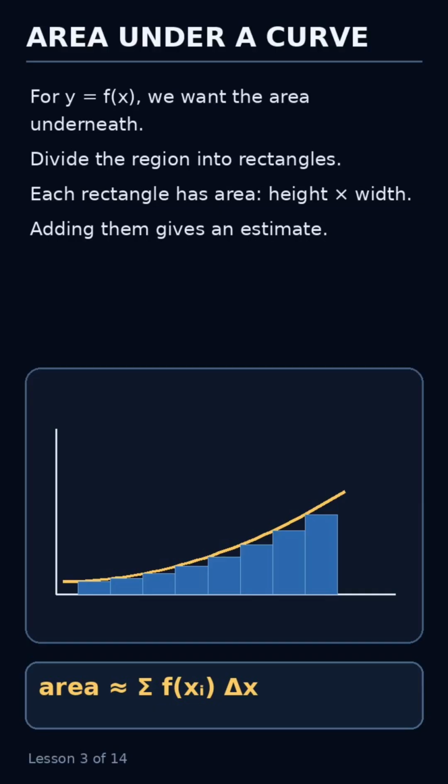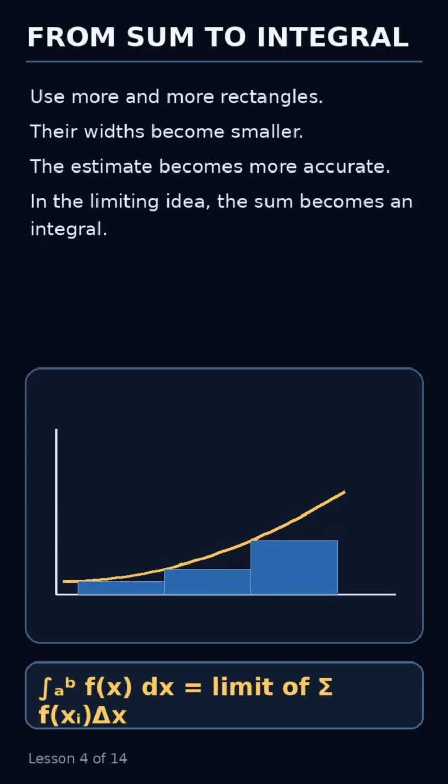But now comes the beautiful part. What if we use more rectangles? Instead of 5 rectangles, use 50, then 500, then 5000. As the rectangles become narrower and narrower, they fit the curve more and more accurately. And in the limiting case, when the width of each rectangle approaches 0, the sum becomes exact.